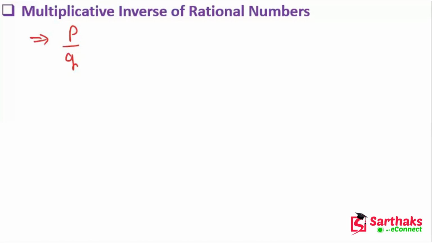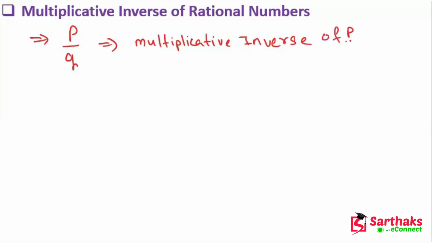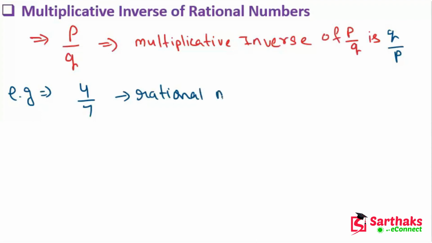So for example, the multiplicative inverse of P upon Q is the inverse of this number, meaning Q upon P. For example, let's suppose we have 4 upon 7, which is a rational number.